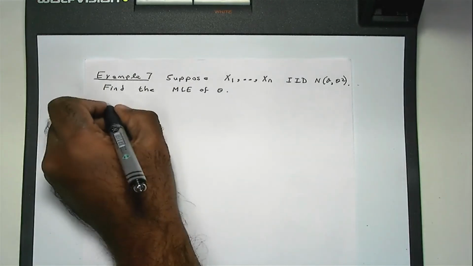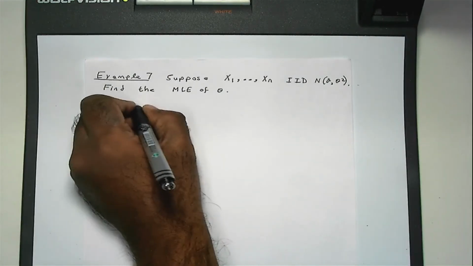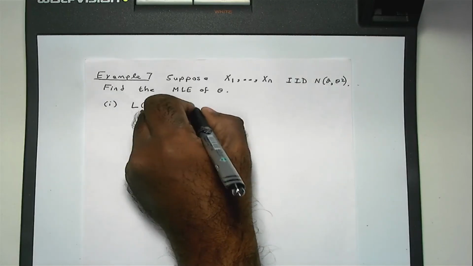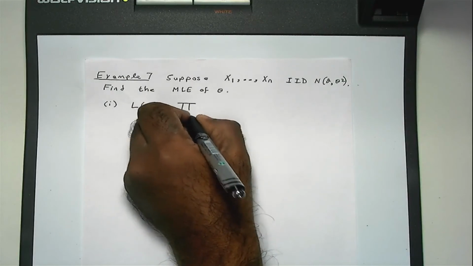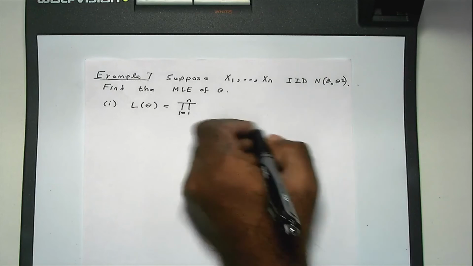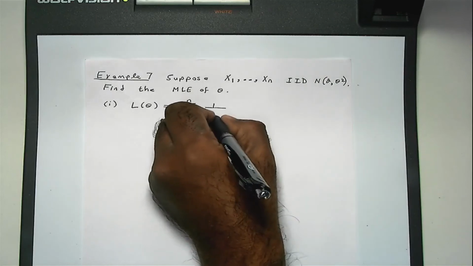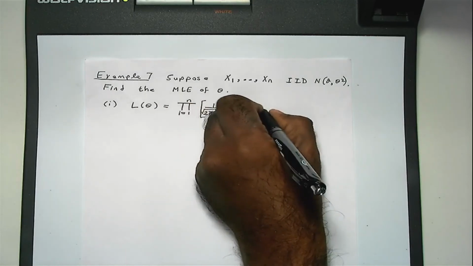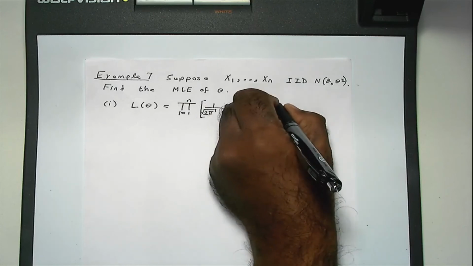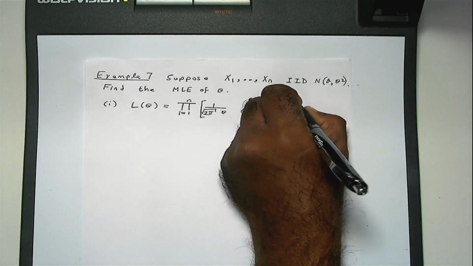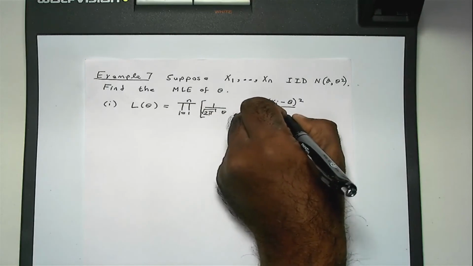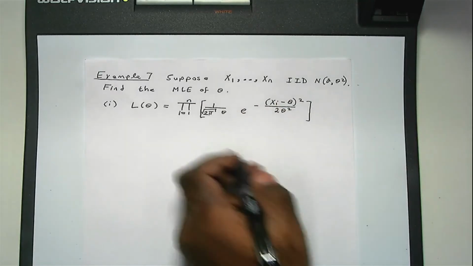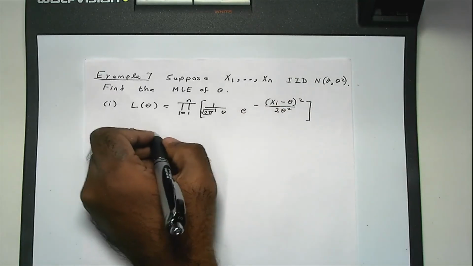So the first step, as always, is to write down the likelihood function, which is the product of the density function of this, which is this, right? Now you should take the product of this, and you will get the following.